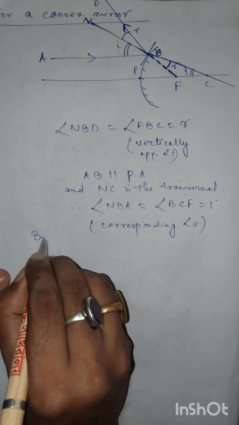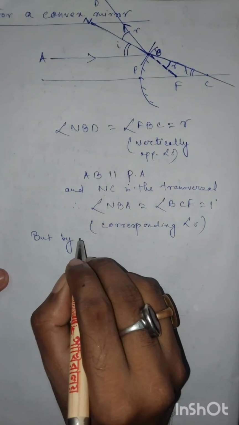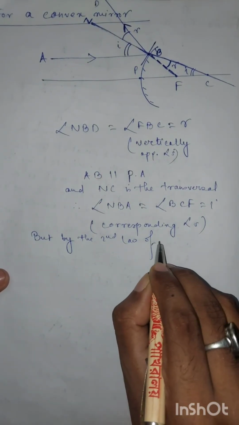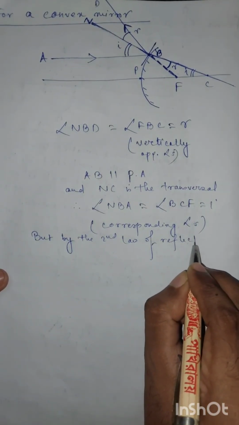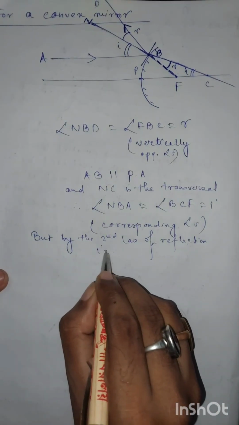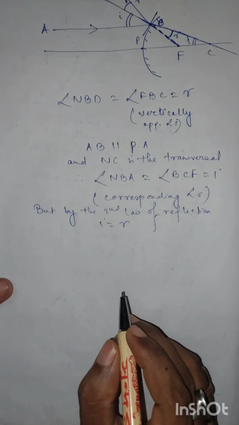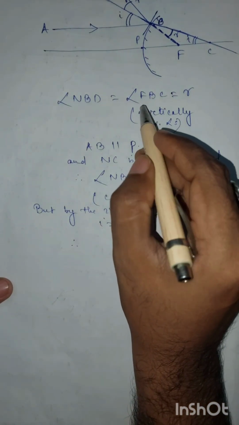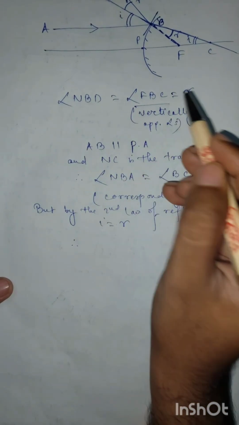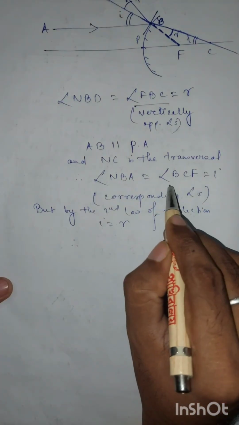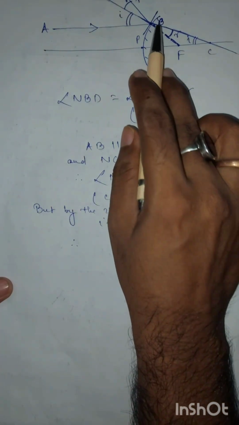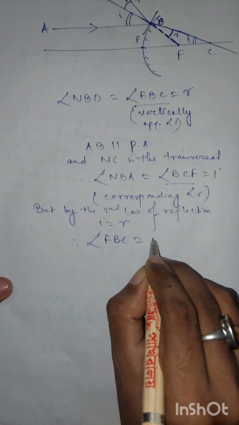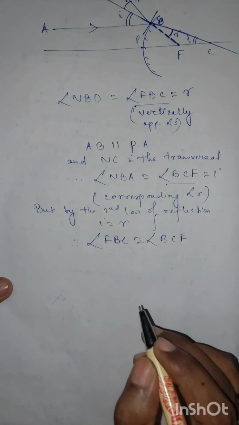But by the second law of reflection, angle I is always equal to angle R. Therefore, we can say FBC is equal to BCF.